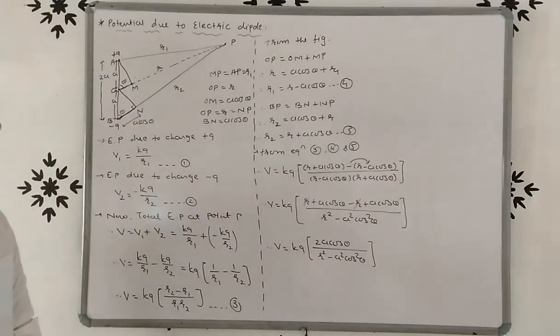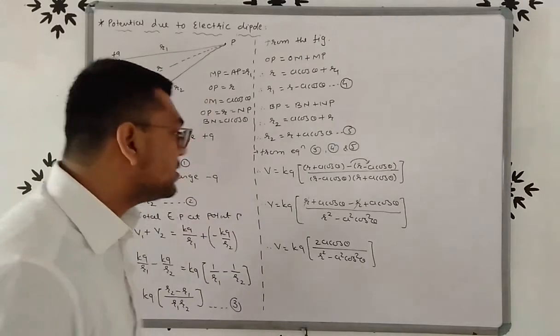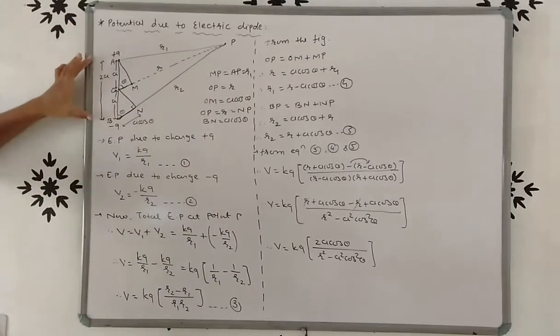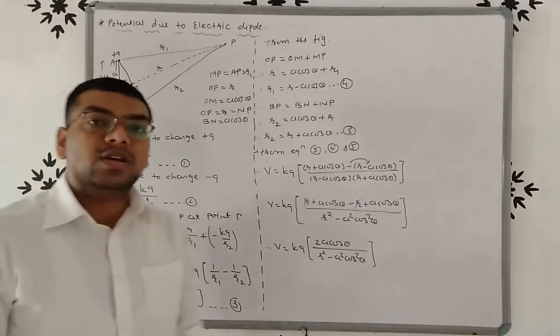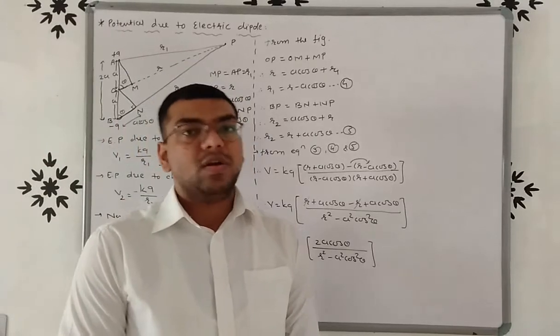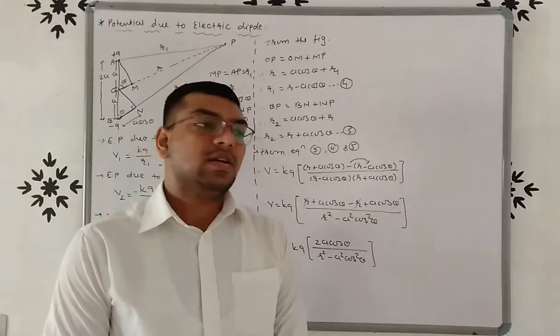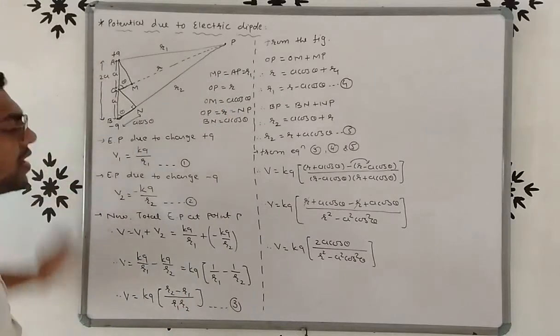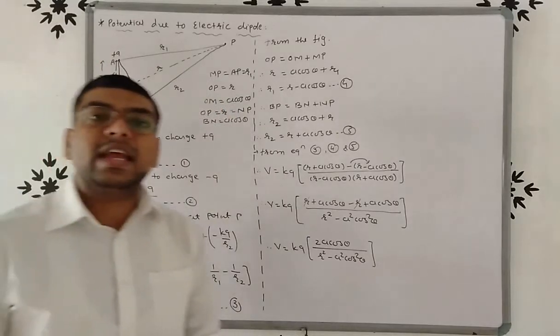But friends, we already know that the distance between charge plus Q and minus Q, this distance 2A, is very small. We already discussed this in chapter number 1. So the distance between charge plus Q and minus Q is very less.